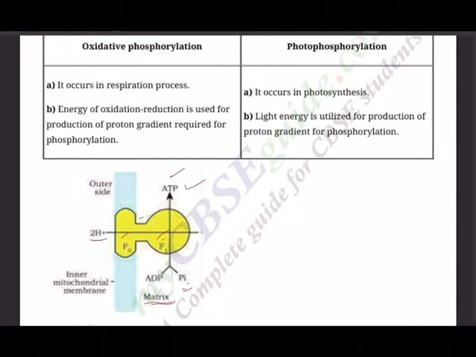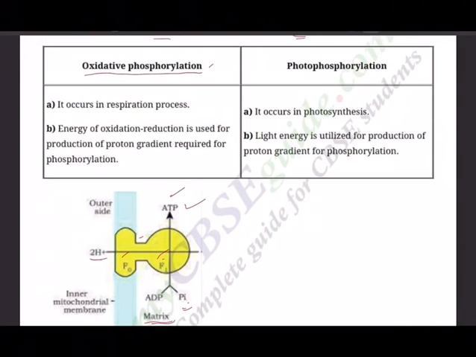The transfer of energy from electron flow to the electrochemical proton gradient and hence to the phosphate bonds of ATP is called oxidative phosphorylation. So what is the difference between oxidative phosphorylation and photophosphorylation? Oxidative phosphorylation occurs in the respiration process as we discussed, and photophosphorylation occurs in photosynthesis.